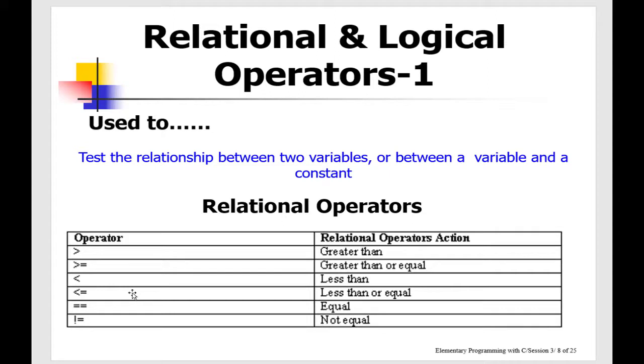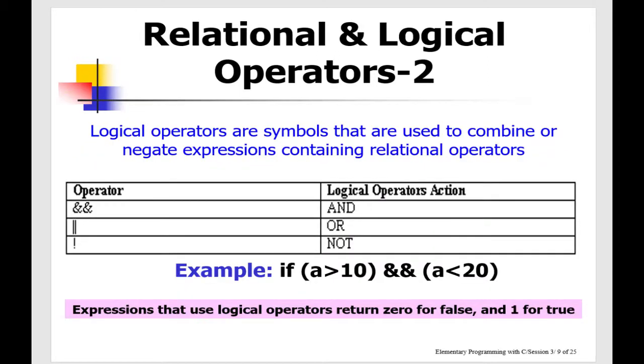After that, we have the logical operators. Logical operators are symbols that are used to combine or negate operations containing relational operators. And let's look at the operators and what they mean. When you have two ampersands, this means AND. You remember the previous example in session 1 when we wanted to find out whether somebody can be classified as an MVS or not.